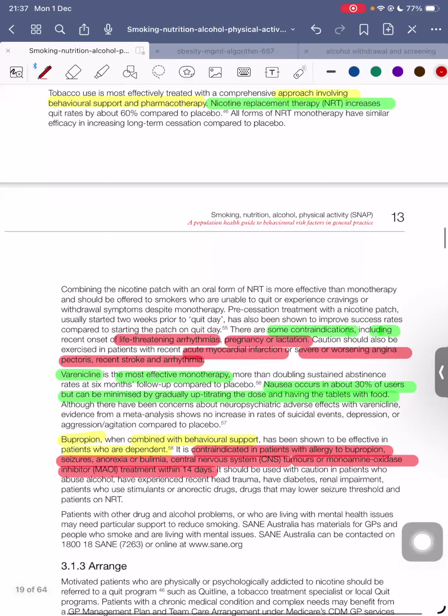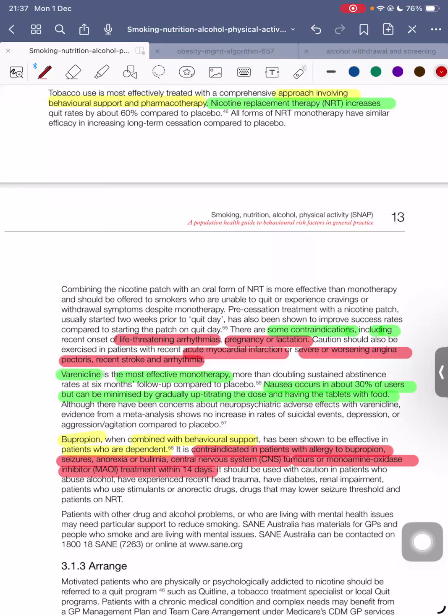Remember it, okay? So how can we give nicotine to patients who need pharmacotherapy to quit smoking? How can we give it? We can give it as a patch or gum. Patch like that, okay? And sometimes we can give a gum as well, okay?